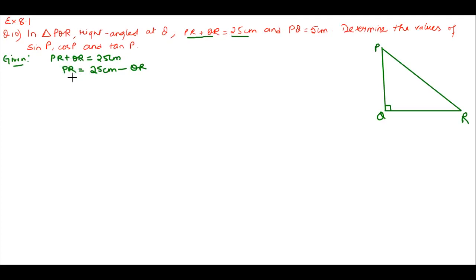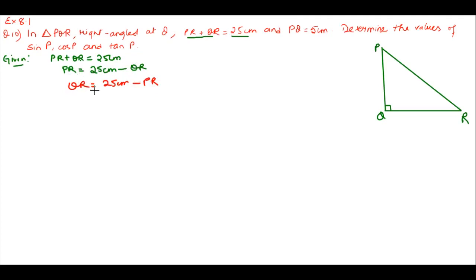It's not compulsory to keep PR; you can also keep QR and transfer PR, and then it will be minus PR. So either keep PR and transfer QR, or keep QR and transfer PR.